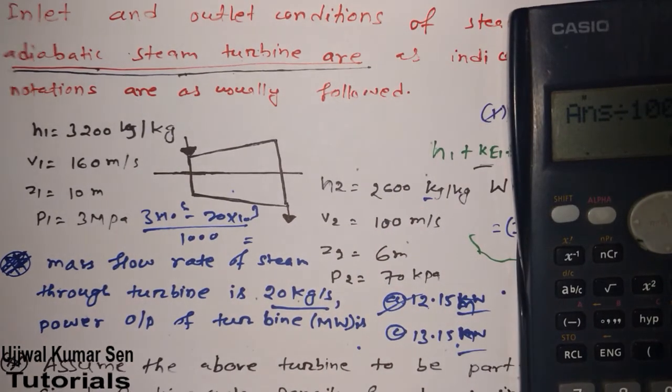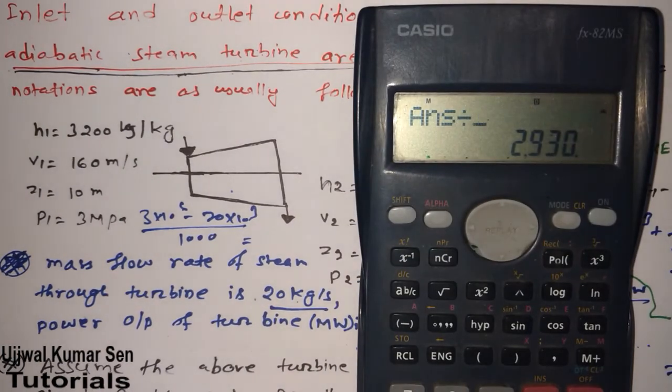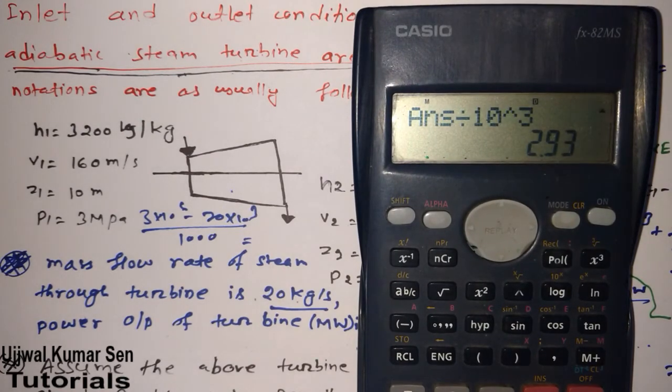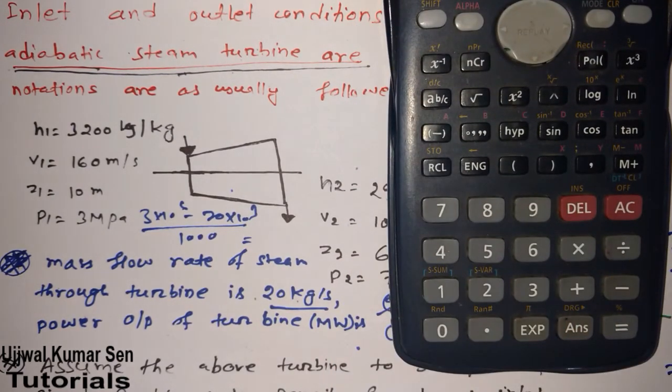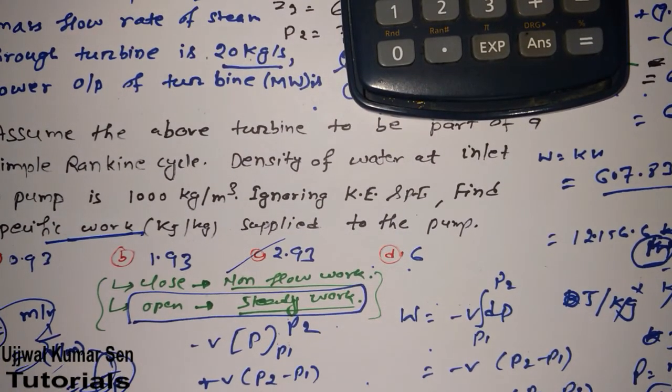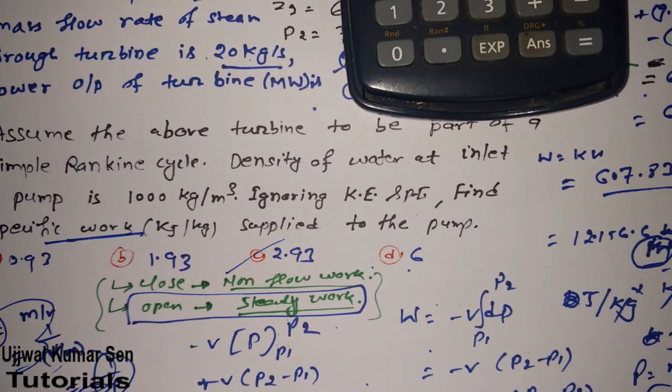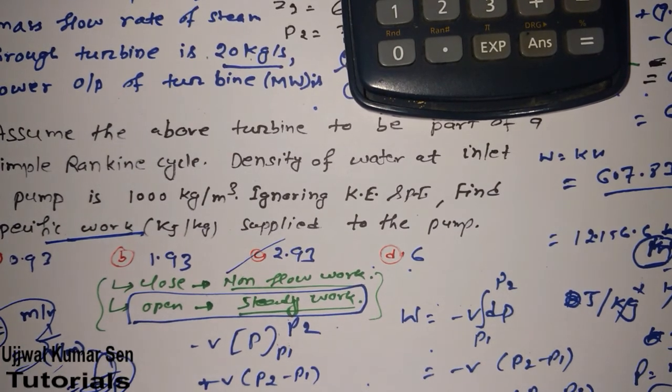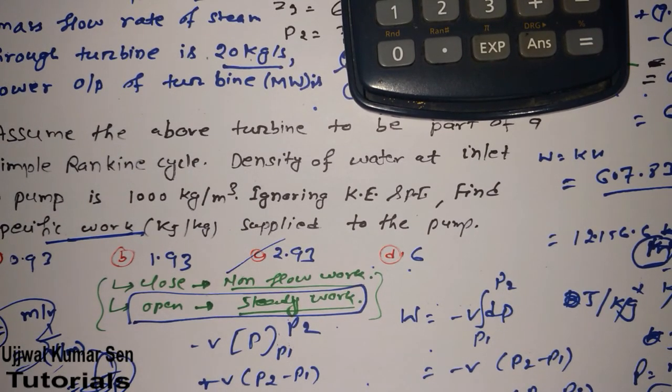But this is to be given in kilojoule per kg, so I have to divide by 10 to the power 3. That's why I will get 2.93. Now option C is the right answer for this question. You can see option C is in kilojoule per kg, that means 2.93.